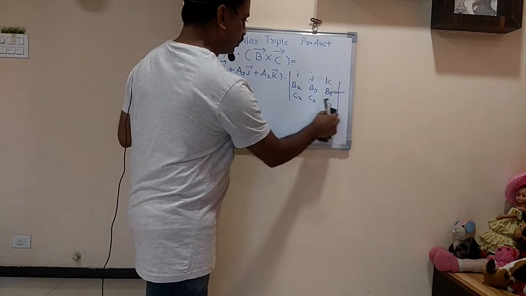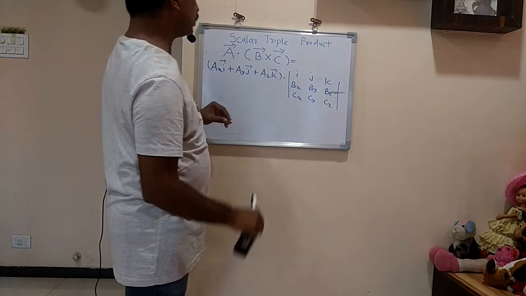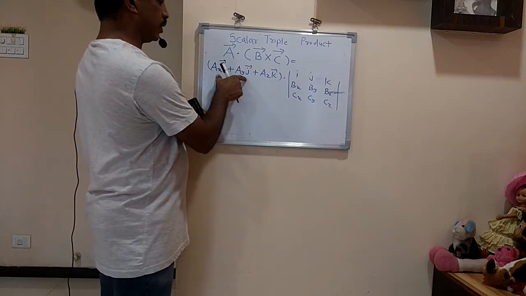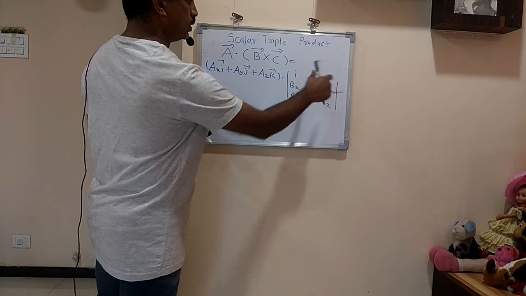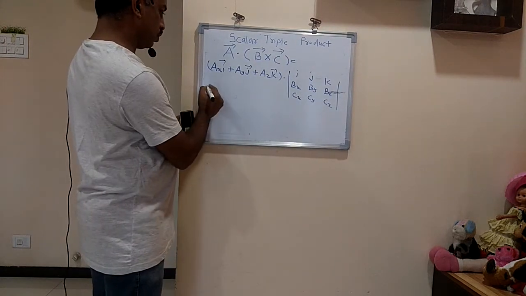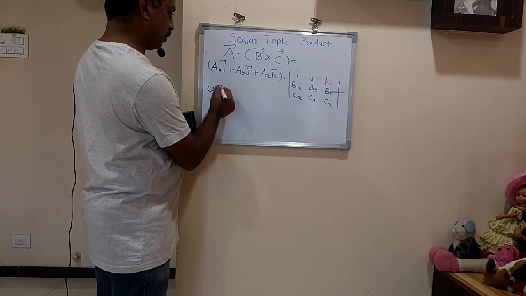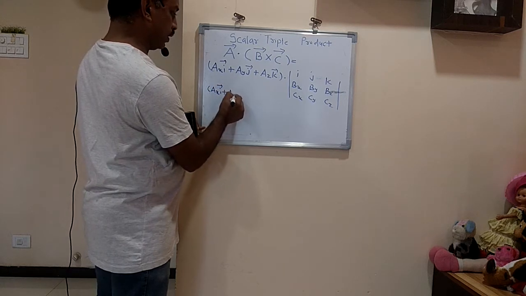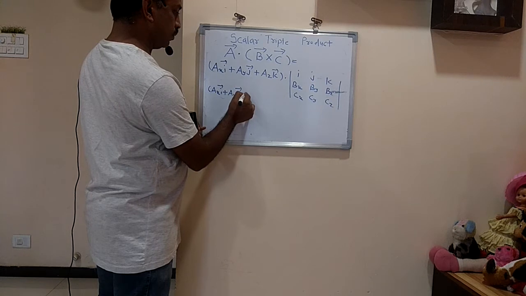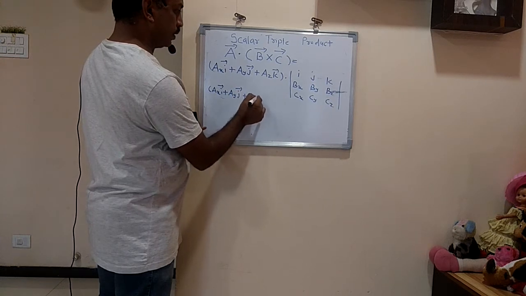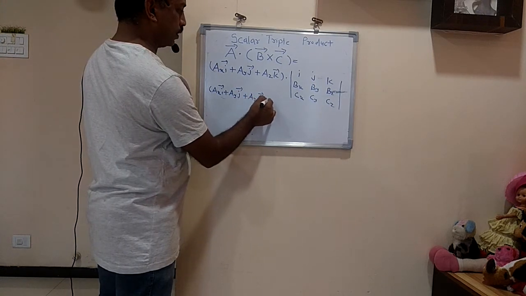Now what to do? We multiply this determinant by ax i plus ay j plus az k dot.